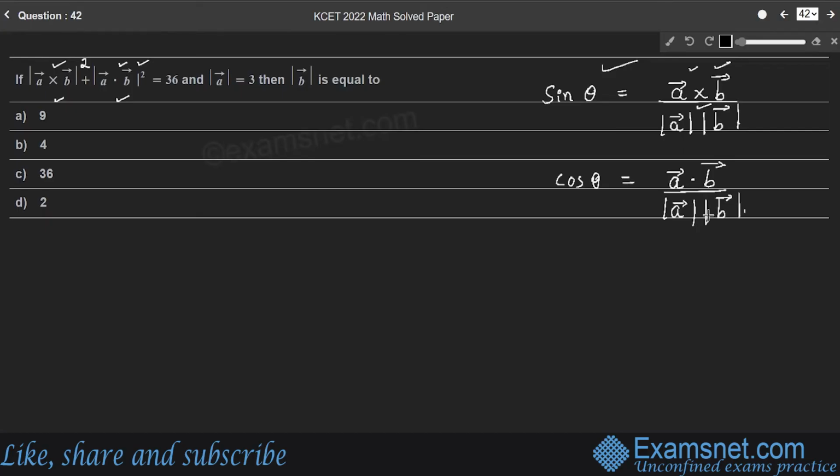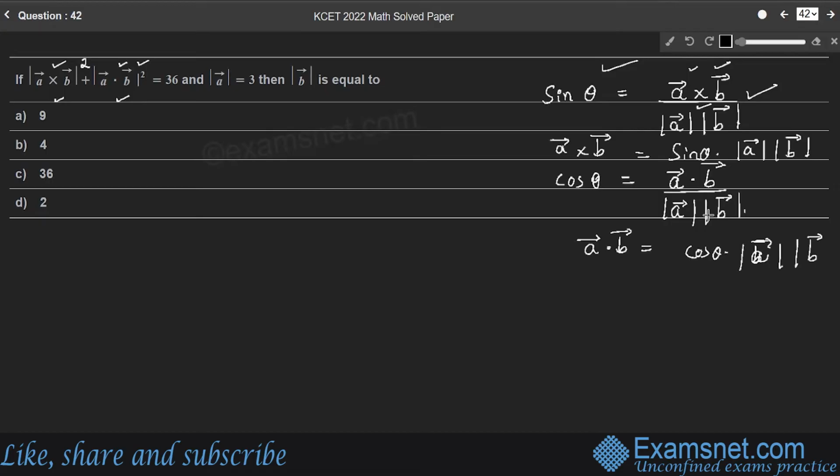Right? So therefore, we'll express vector A cross vector B the whole square. Vector A cross vector B can be written as sine theta into mod of vector A into mod of vector B. Whereas the dot product of two vectors, vector A dot vector B, is equal to cos theta into mod of vector A into mod of vector B, right?